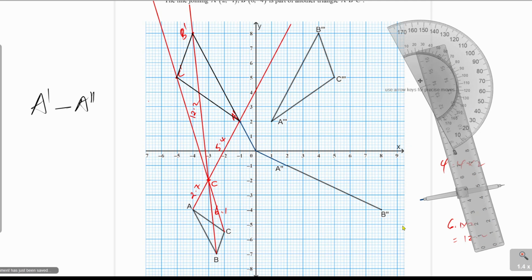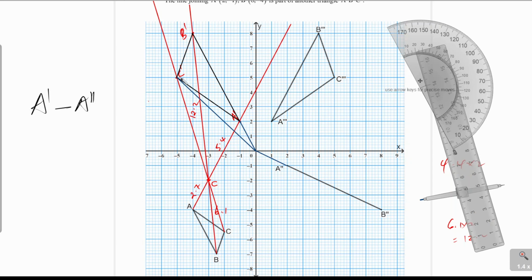The same way, because the points are being rotated through the origin, the angle of rotation is 144. We simply join C prime to the center of rotation. That is the first thing. So we join C to the center of rotation like that.